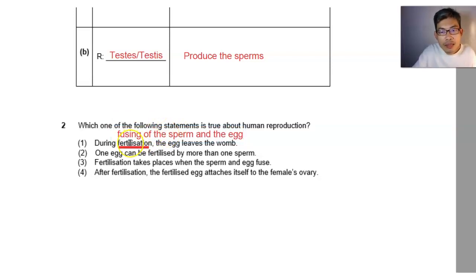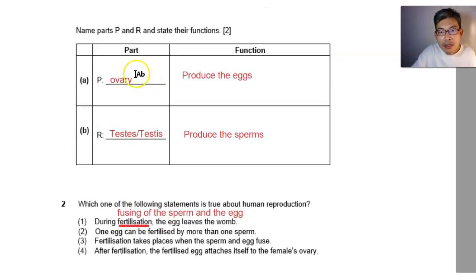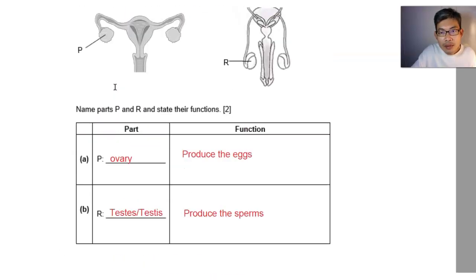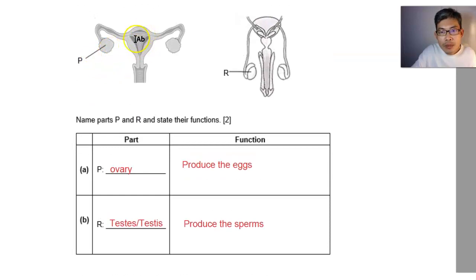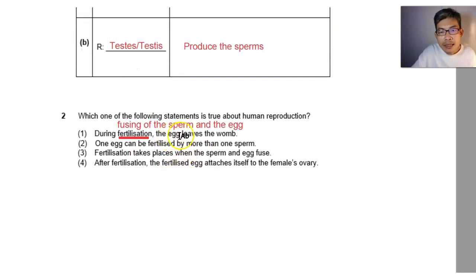So that's the meaning of fertilization. The egg leaves the ovary, which is this part. The womb is this part. So saying the egg leaves the womb is definitely wrong. Wrong understanding. So option 1 is wrong.